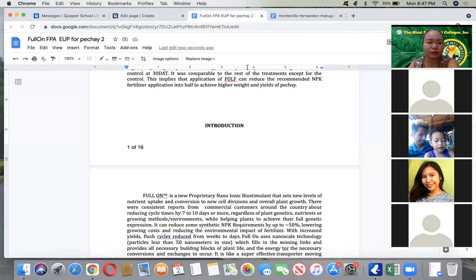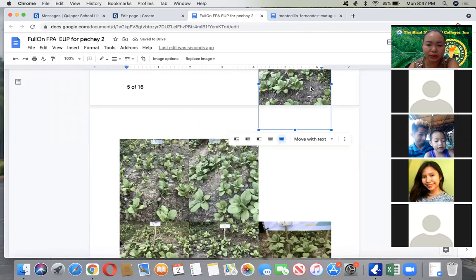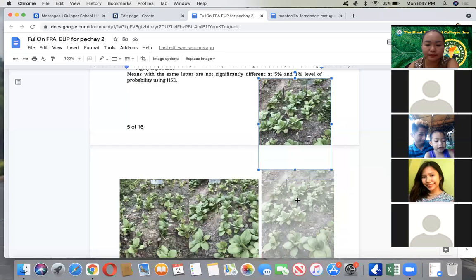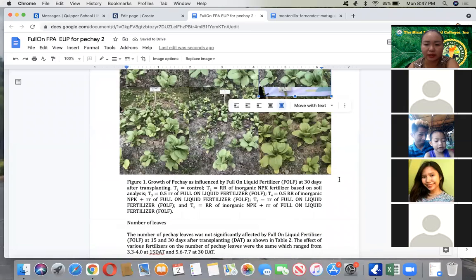Wait lang. Ito pala. Undo. So bakit siya mawawala? Okay, hindi na siya nawala.